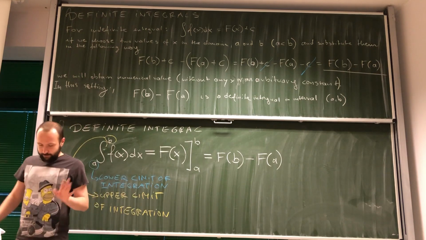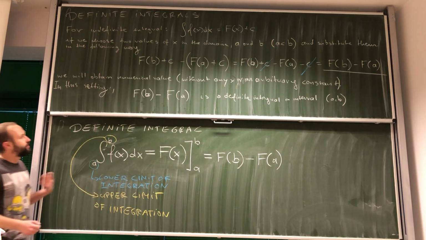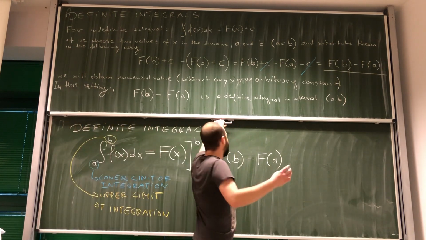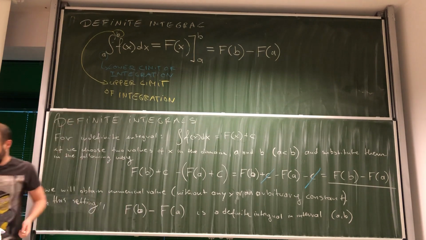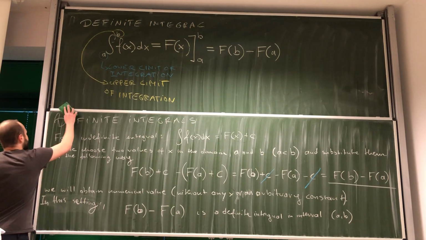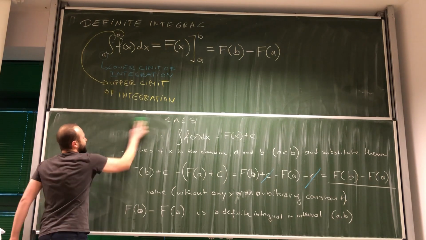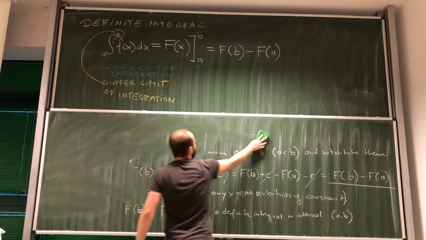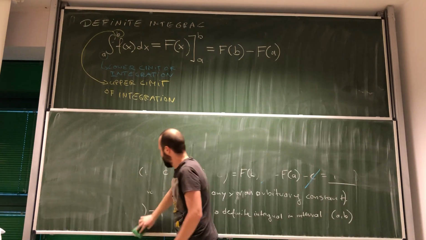But okay, before we get to what this interpretation is, let's for a while practice just calculating definite integrals. As you might expect, we are not going to fall too far from what we already learned.